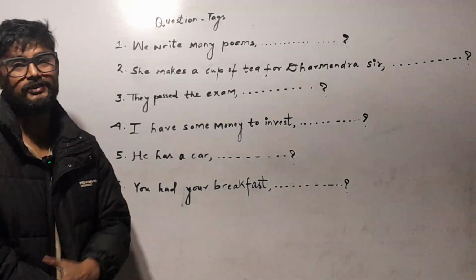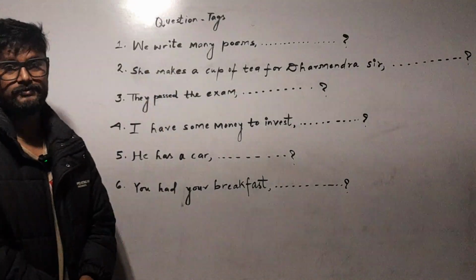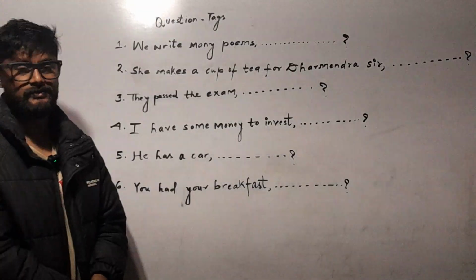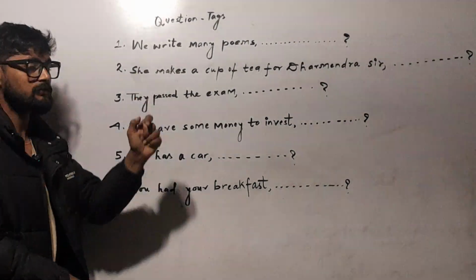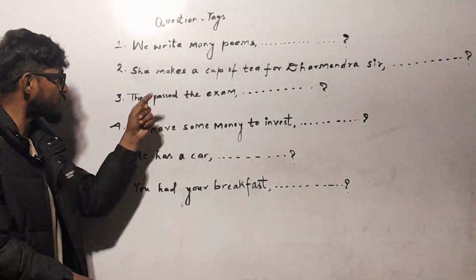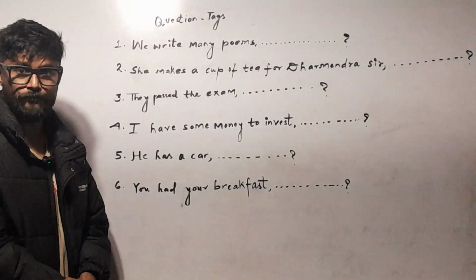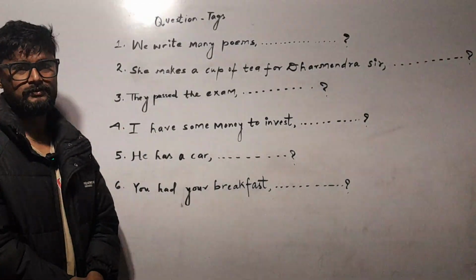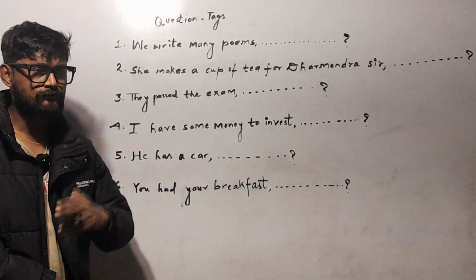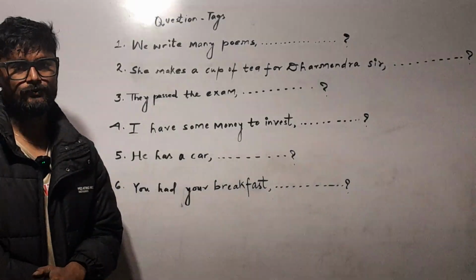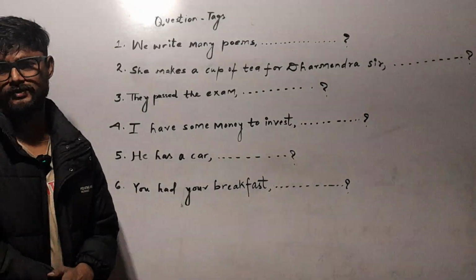Such types of questions depend on main verbs, right? And here we can see the main verb, and that is verb 1. In this question, verb 5. In this question, verb 2. As you know, if we get verb 1, verb 2 and verb 5 in sentences, we do not get their auxiliary verbs beyond questions.